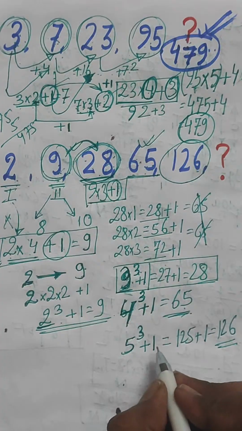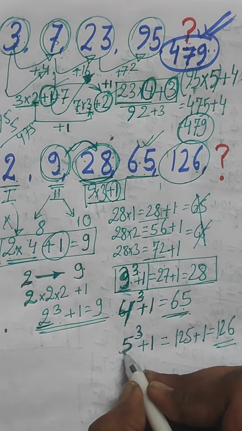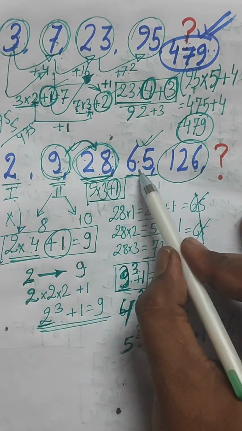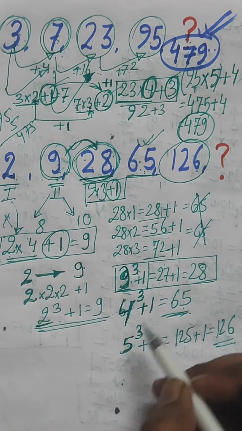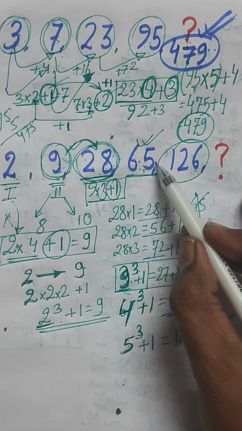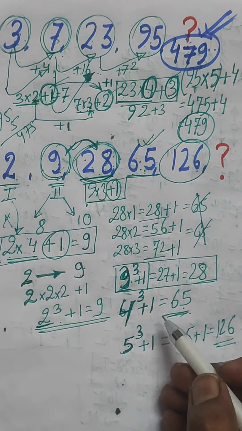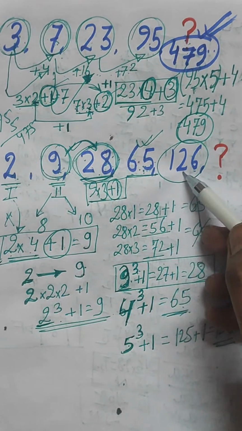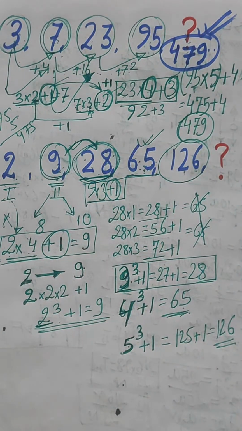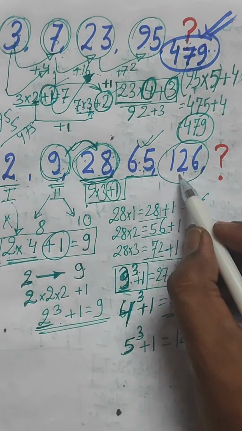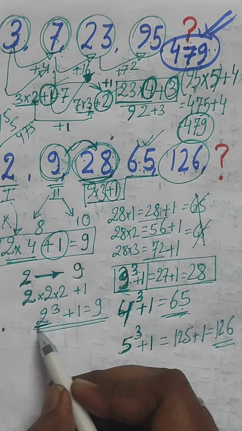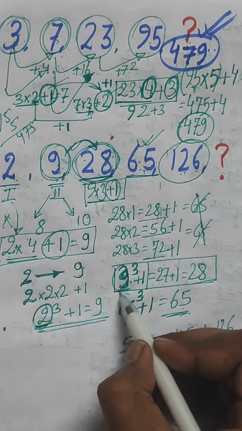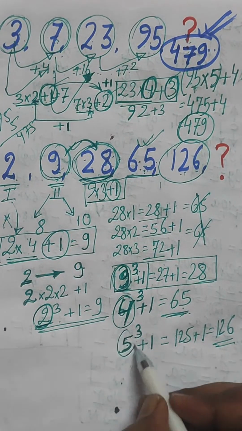So if the number is taken as a cube of the natural number, plus 1, in the series, then we get the successive term, right? So here you can see the consecutive numbers we have taken: 2, 3, 4, 5.